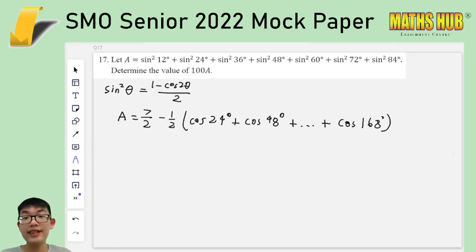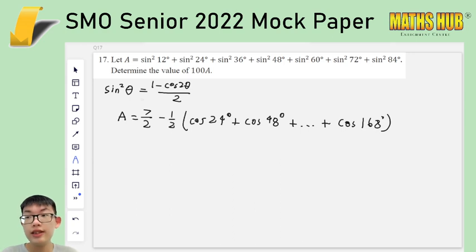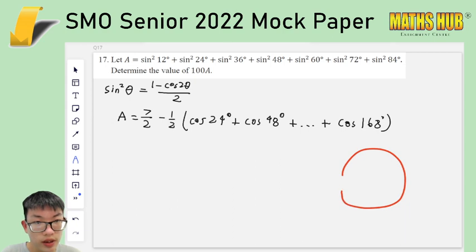Now this is an idea that I like quite a lot, which is that you can make use of the symmetry around the unit circle. So you can realize that 24, 48, all the way to 168, this is pretty symmetric. They are just evenly spaced angles. So let's draw a circle.